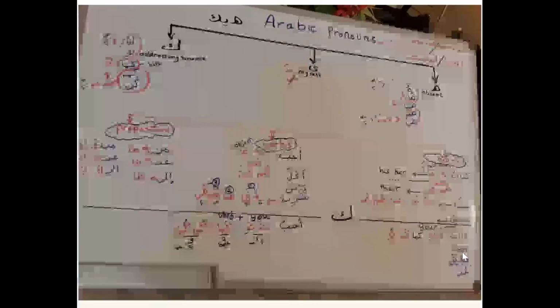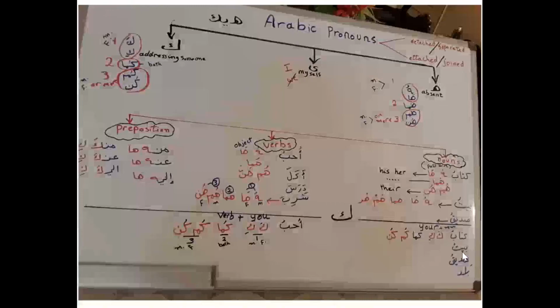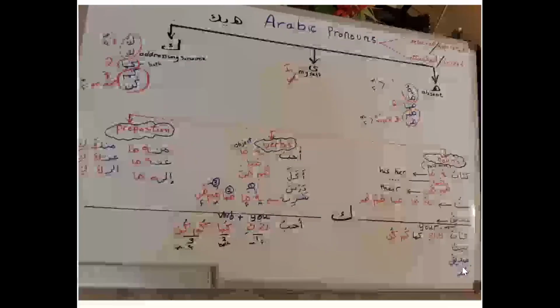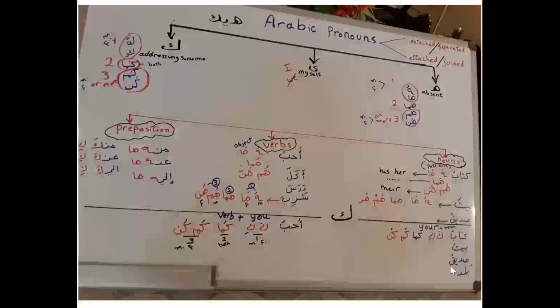Baytu means house: baytuka, baytuki, بيتكما بيتكم بيتكن. صديق means friend: صديقك صديقك صديقكما صديقكم صديقكن. بلد means country: بلدك بلدك بلدكما بلدكم بلدكن. Now we move to the verb.